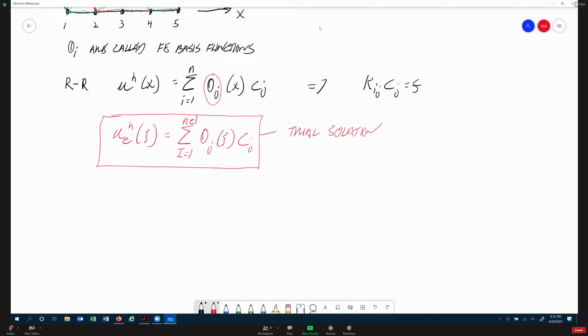So, okay, next time, we'll start to make a little bit more sense of this, in that we'll merge this whole lecture together with the problem that we started out with.